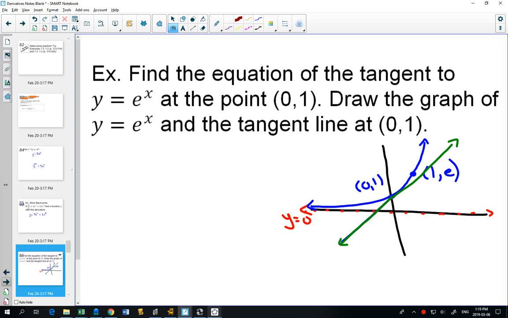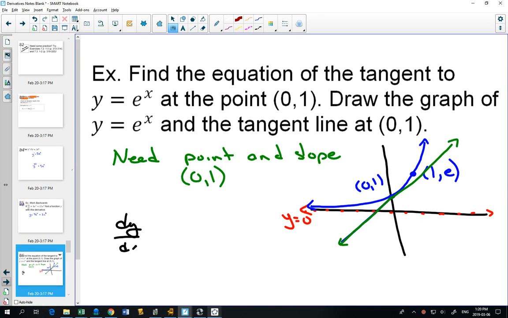To find an equation of a line, we're going to need a point and the slope. We already have the point. We know that it's going through 0, 1. We just need to find the slope. How do you find the slope of a tangent line? Well, your derivative tells you all the slopes.